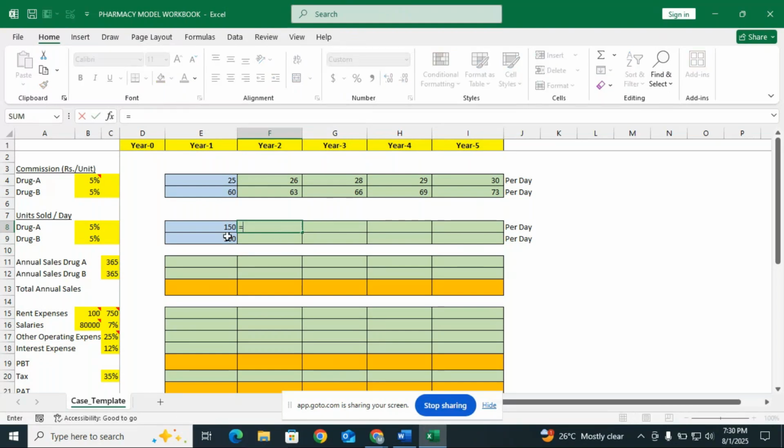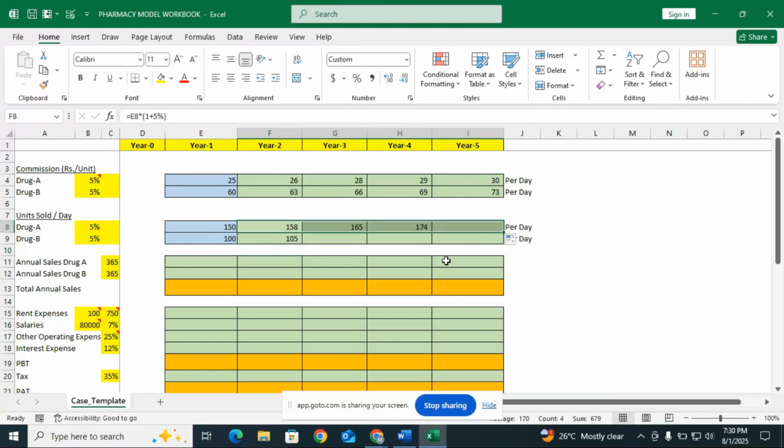Equals 150 into 1 plus 5%, 158. Equals 100 into 1 plus 5%, 105. So this you're going to drag across now for the rest of the columns.